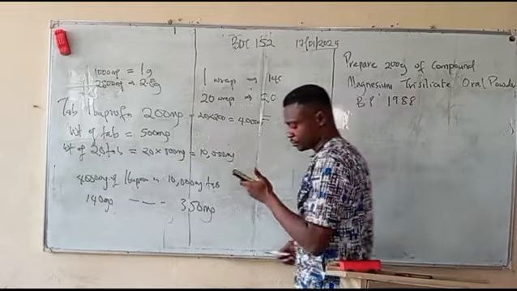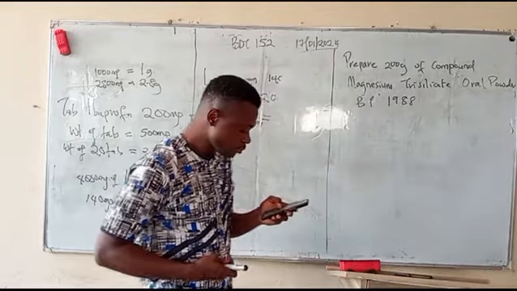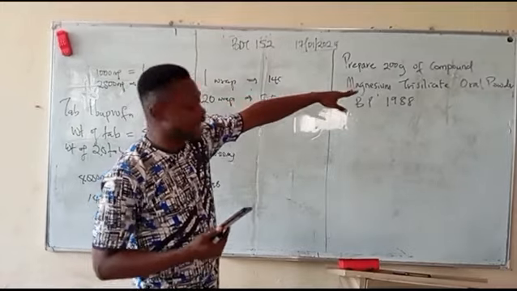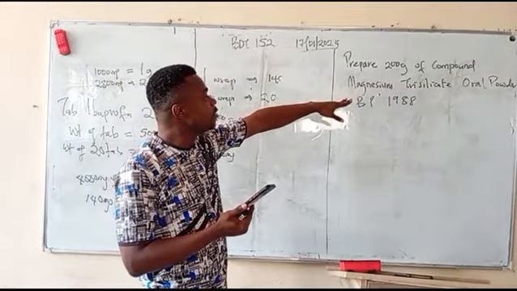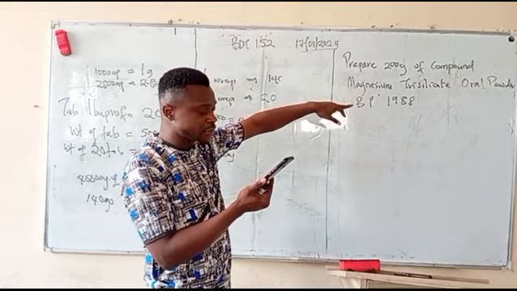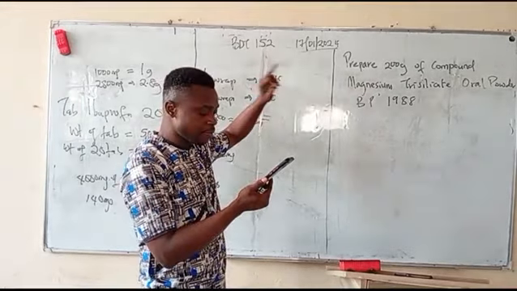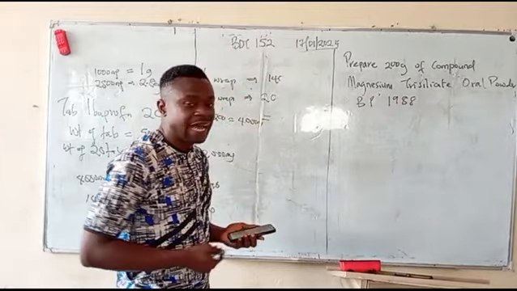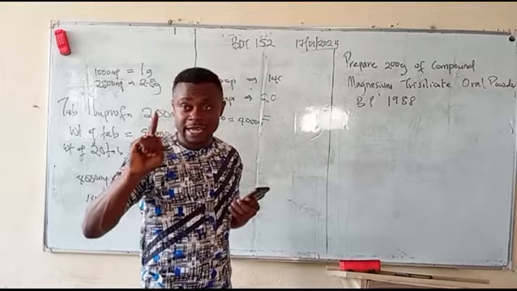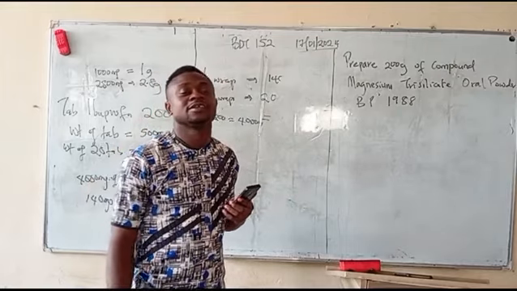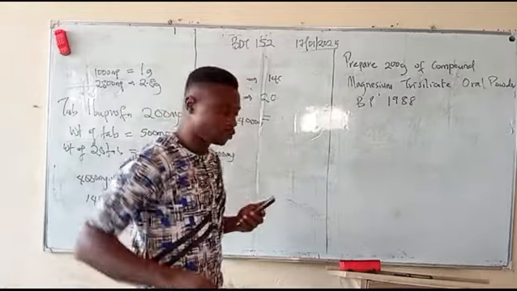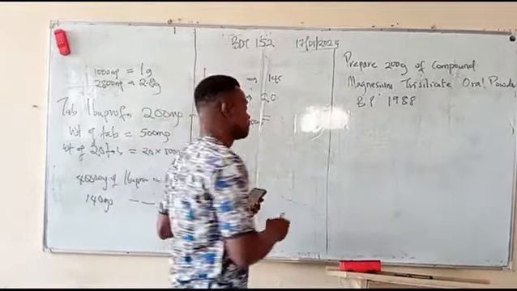That's the question. Prepare 200 grams of compound magnesium trisilicate oral powder BP 1988. I'll write down the formula in the official book. Then someone should tell me what to do. Tell us what to do. Let me know that we'll go far.